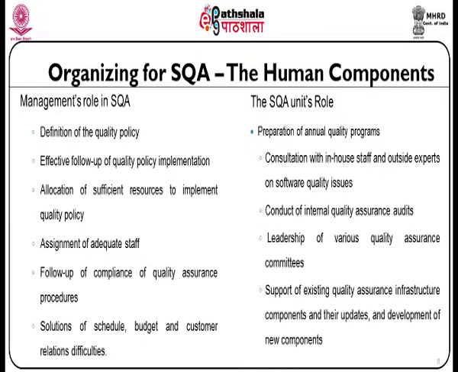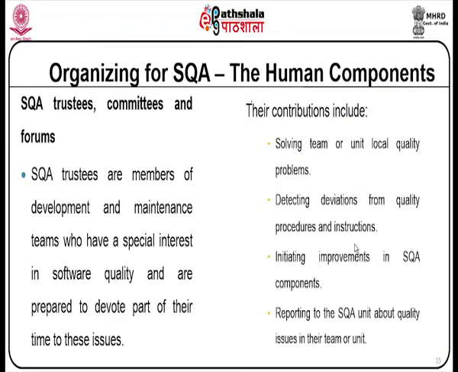Organizing for software quality assurance, the human components continued: software quality assurance trustees, committees and forums. Software quality assurance trustees are members of development and maintenance teams who have a special interest in software quality and are prepared to devote part of their time to these issues.